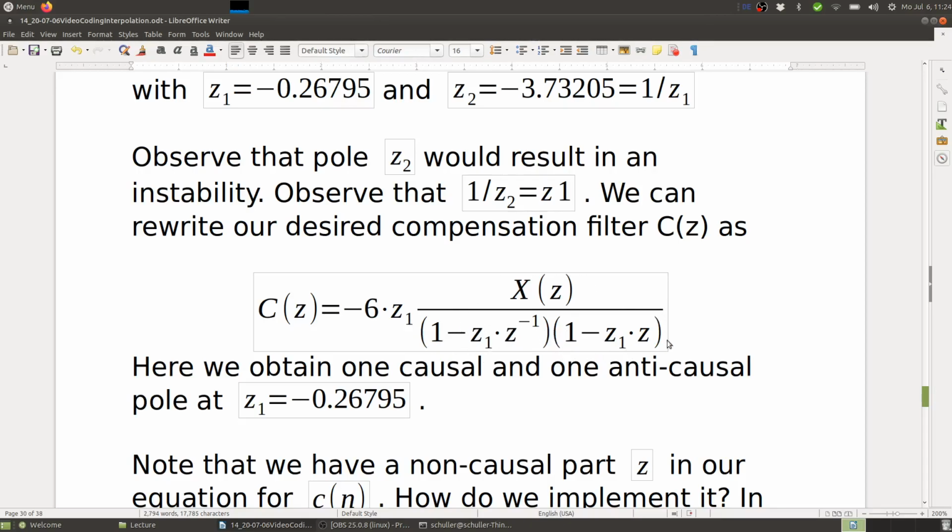Here this IIR filter has two polynomials, and it has one causal and one anti-causal pole at z1 equals -0.26. So here you can see it. Here's the anti-causal part, here's the causal part. And this is also how we solved the instability, because here the anti-causal pole is also stable. Right?